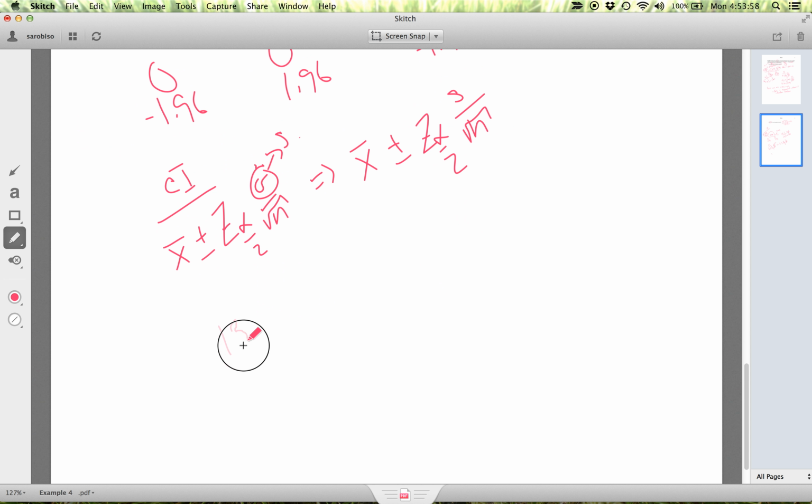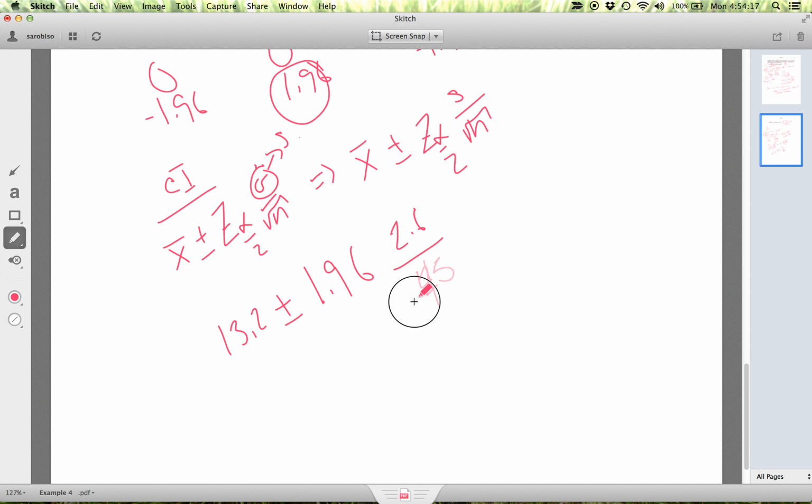So this is 13.2 plus or minus my z alpha over 2 value, which I found here to be 1.96, times s, which was 2.6, divided by root 45. Let's see how we could calculate this by hand.